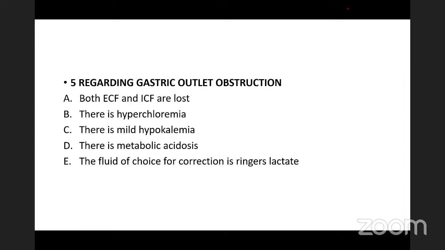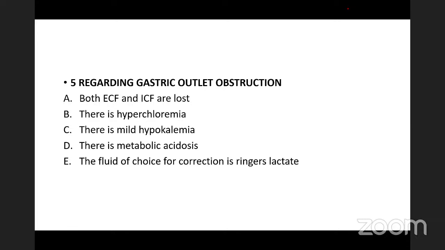C, there is mild hypokalemia. D, there is metabolic acidosis. E, the fluid of choice for correction is Ringer's lactate.